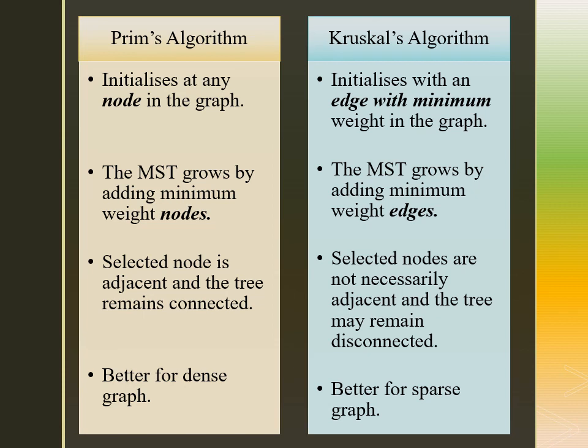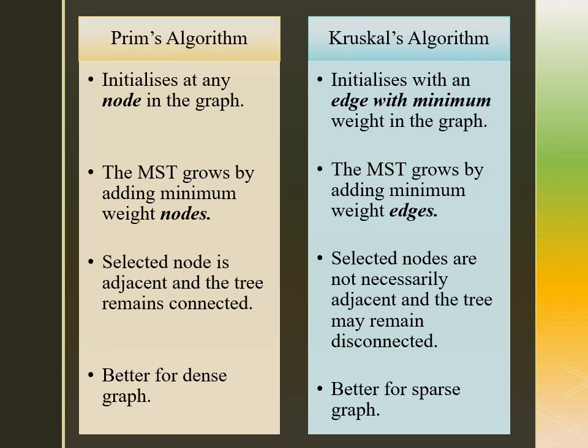The minimal spanning tree for Prim's algorithm grows by adding minimum weight nodes, that is nodes which are connected with each other with edges having minimum weights. In Kruskal's algorithm, the minimal spanning tree grows by adding minimum weight edges.